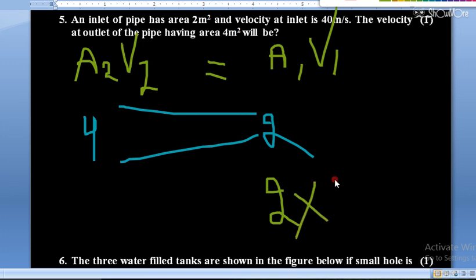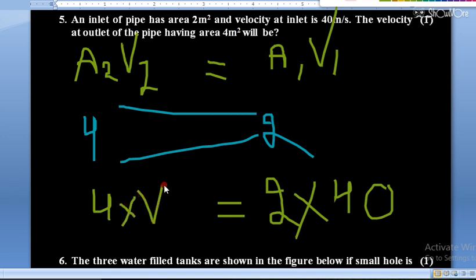So 2 into 40 is equal to A2, which is 4, but we do not know the velocity here, so we will write v2. You can check the calculation: 4 times v2 equals 80, so v2 is 20 meter per second.